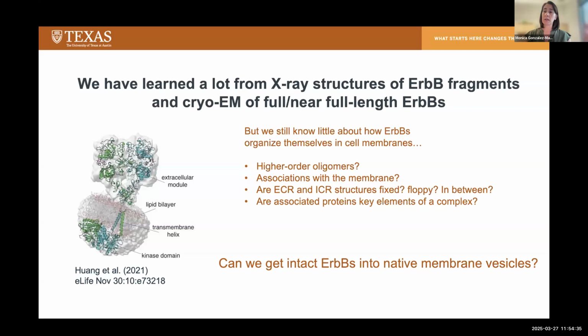The structures of these receptors have been solved by X-ray and cryo-EM, usually from the purified ectodomain or the purified intracellular region. The only time that we were able to get a near full-length structure was in 2021, with an approach that used 4 different types of membrane mimetic environments: detergent micelles, lipid nanodiscs, amphipols, and peptidiscs.